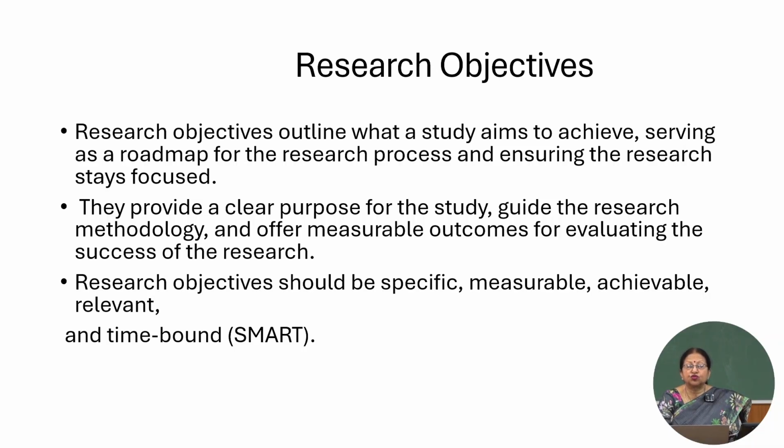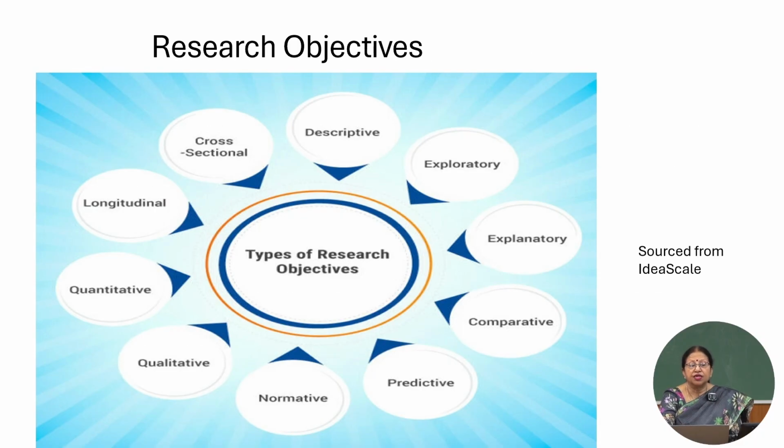Research objectives should be specific, measurable, achievable, relevant, and time-bound, which means SMART. So if we have these objectives in mind in the category of SMART, then definitely we are in the right process.